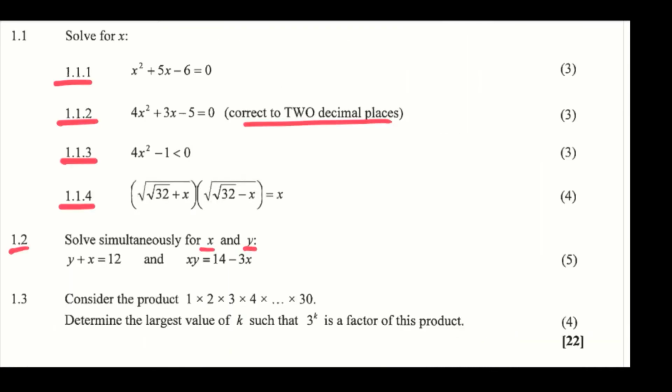Now we're going to do 1.3, where we are told to consider the product of 1 times 2 times 3 times 4 all the way up to times 30. And we are asked to determine the largest value of k such that the factor is 3 to the power of k, right?